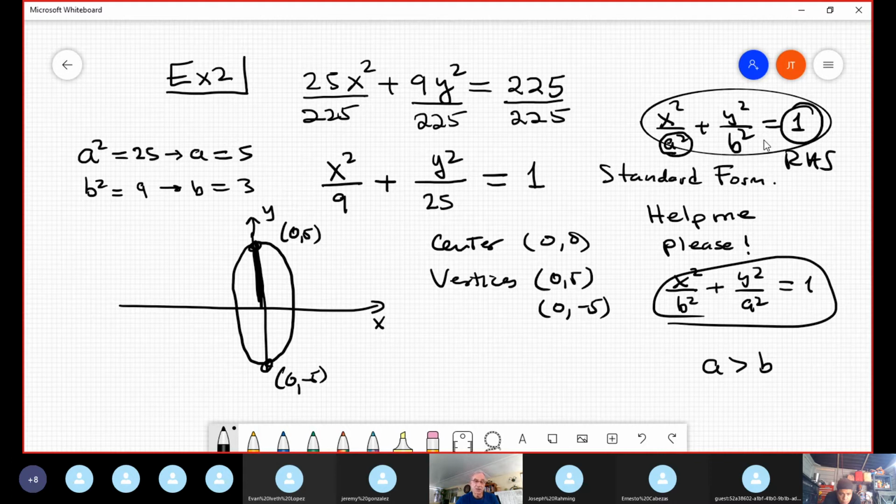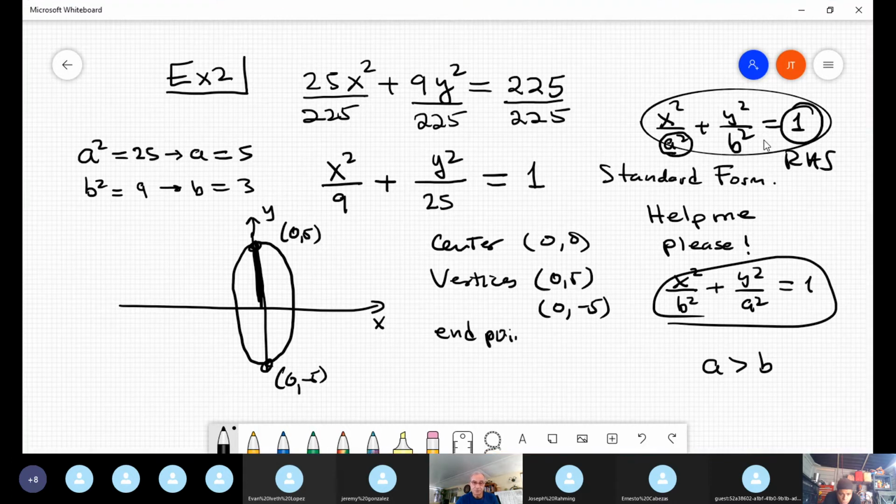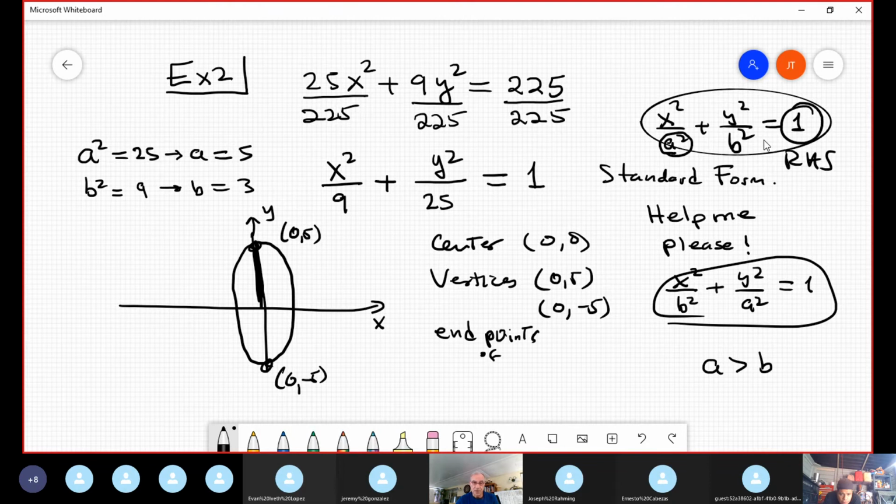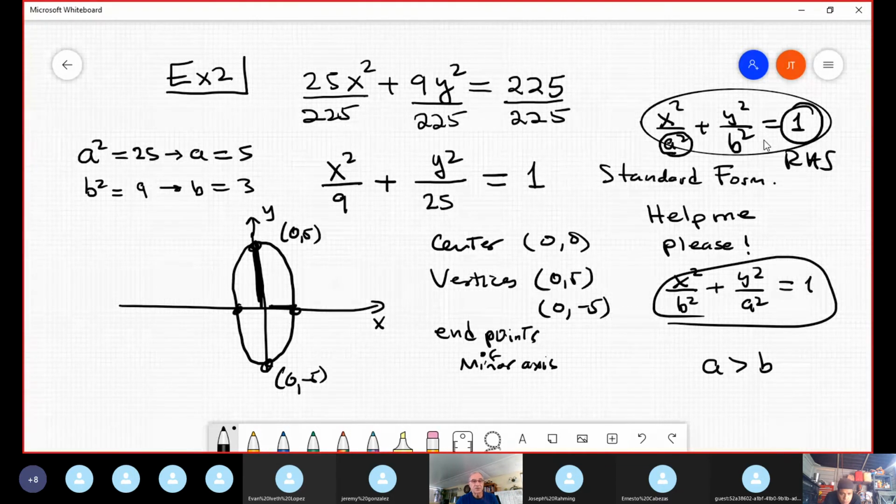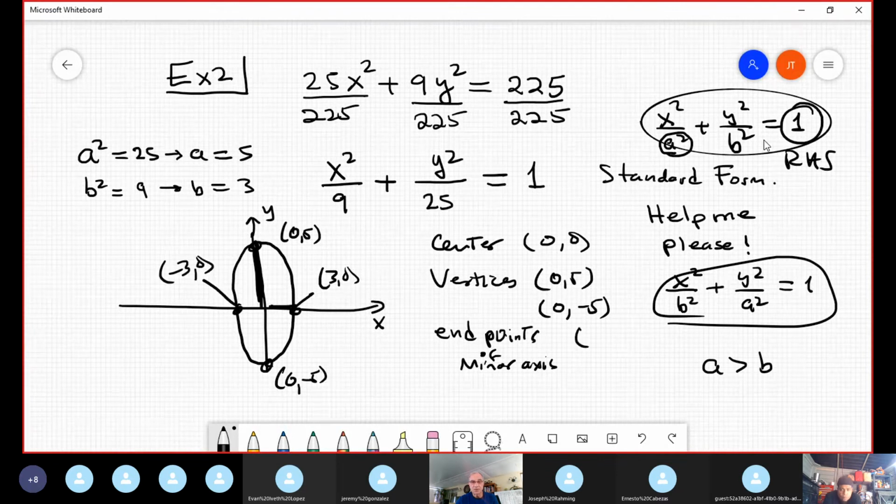And the endpoints of the minor axis are this and this. This distance I know is 3. This point is (3,0). And this point is (-3,0). This is the endpoints of the minor axis.